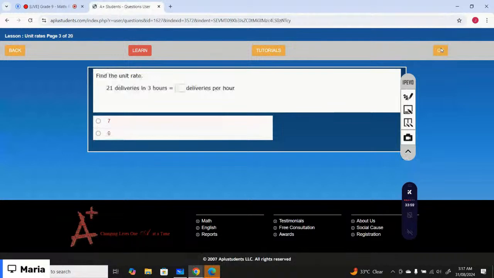Find the unit rate: 21 deliveries in 3 hours. So how many deliveries per hour?